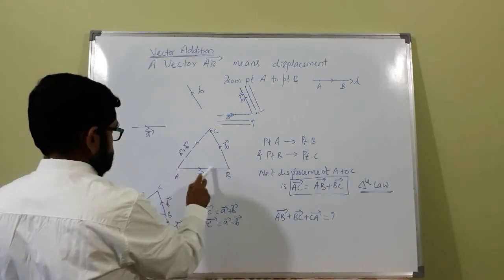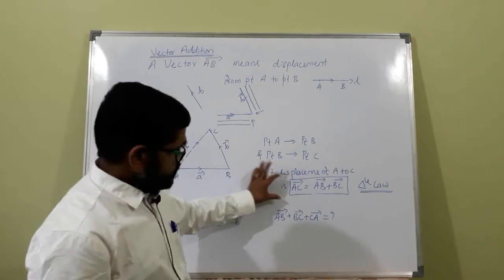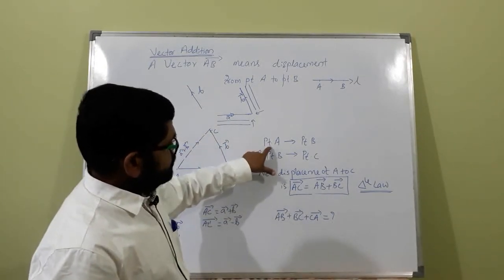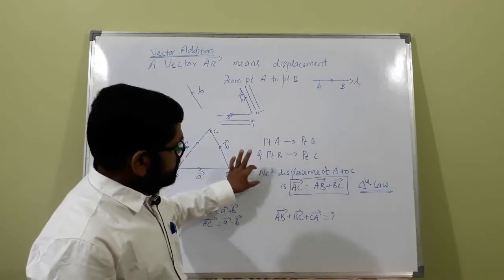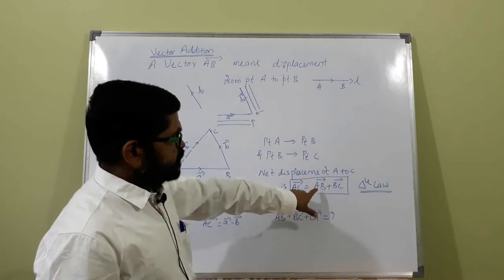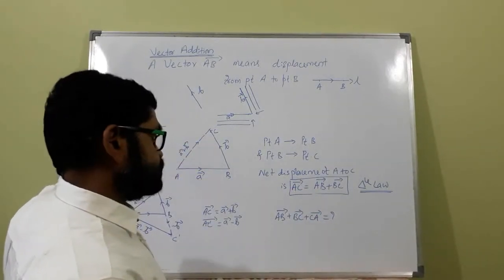AC is nothing but the sum of AB plus BC. Please try to remember, this is called the triangle law. AC is equal to AB plus BC, given by the other side of the triangle.